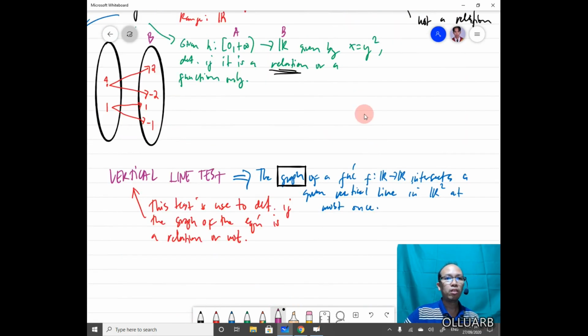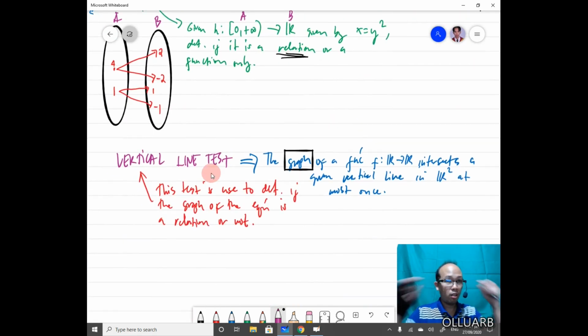Okay, so remember, before I proceed, the vertical line test is used only to determine if the given equation is a function or not. But you can use this only if you have a graph. If you don't have a graph, then you cannot use this, because it clearly says the graph of a function or a relation.